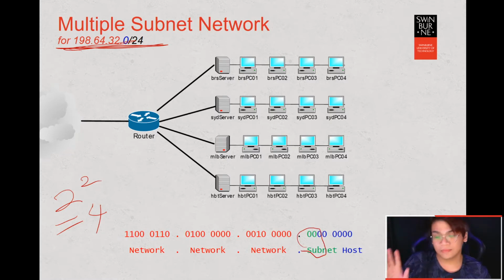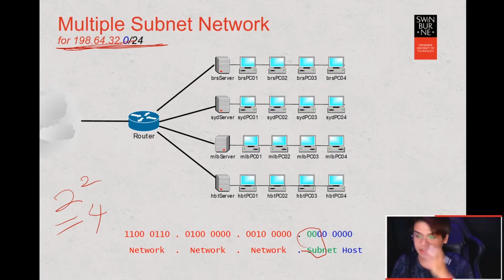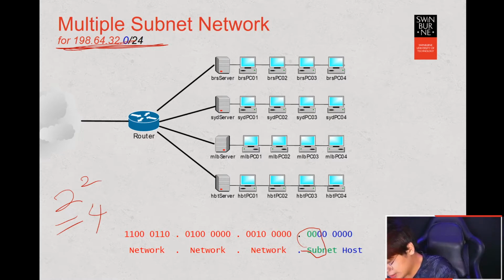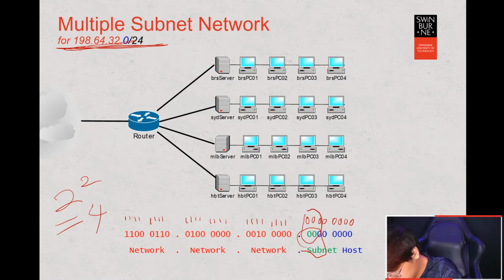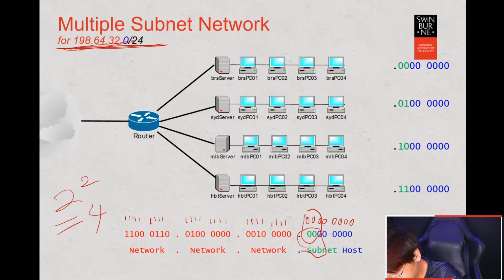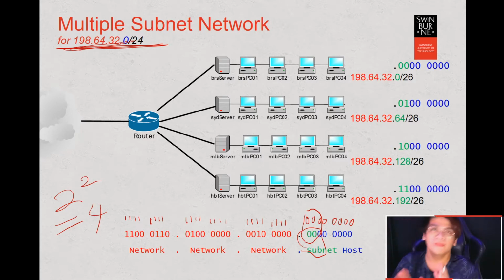Remember just now, our subnet mask is /24, which is 1111 1111 1111 1111 1111 1111 0000 0000. Now we need to borrow 2 of these host bits to get 4 networks, because 2 power of 2 equals 4.